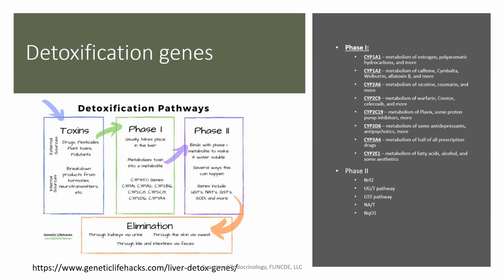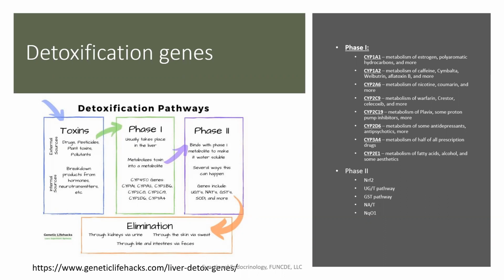They all go through phase 1, which usually takes place in the liver, and it turns fat-soluble chemicals into water-soluble chemicals. And in phase 2, we will make them even more water-soluble, I guess, and we'll get rid of them through different pathways.